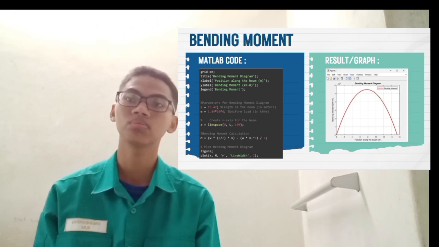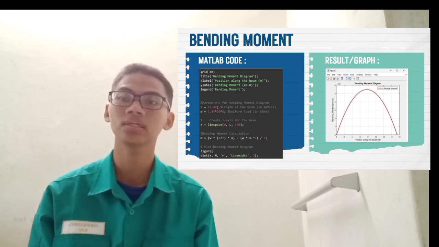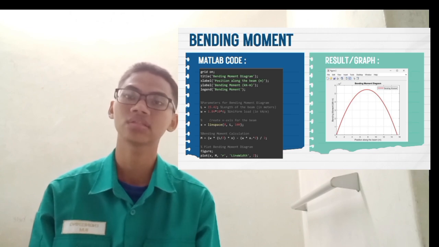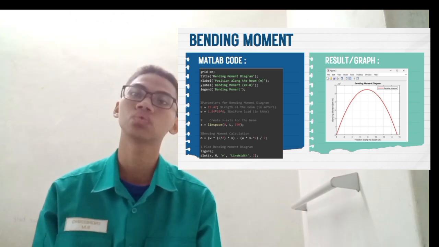We calculate the bending moment using the formula M equals WLx over 2 minus Wx squared over 2.